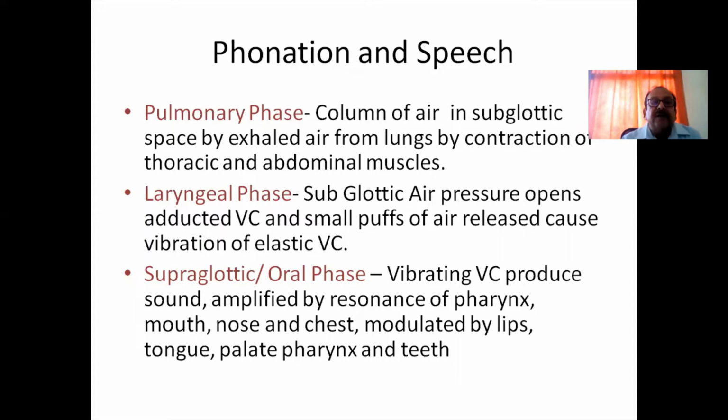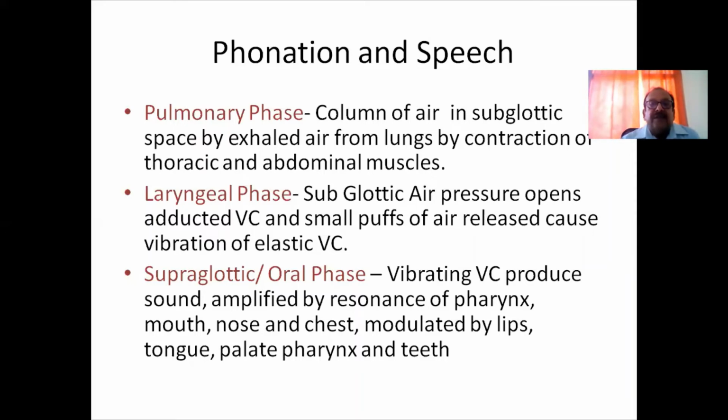Functions of larynx, phonation and speech. It can be divided as pulmonary phase, laryngeal phase, and supraglottic or oral phase. In pulmonary phase, the column of air in subglottic space is pushed by exhaled air from the lungs by contraction of thoracic and abdominal muscles.